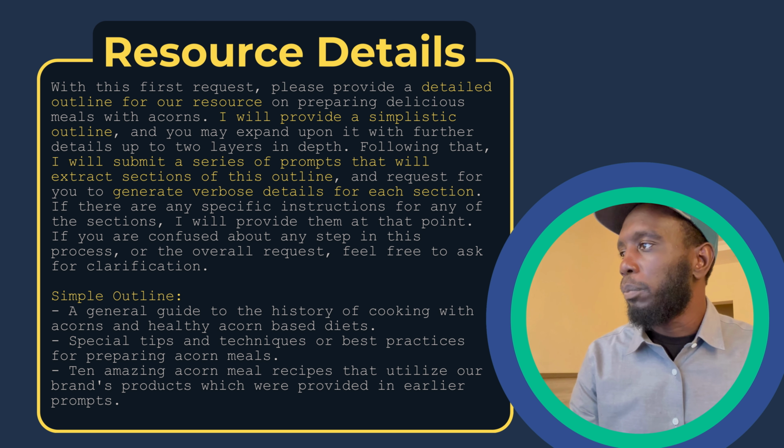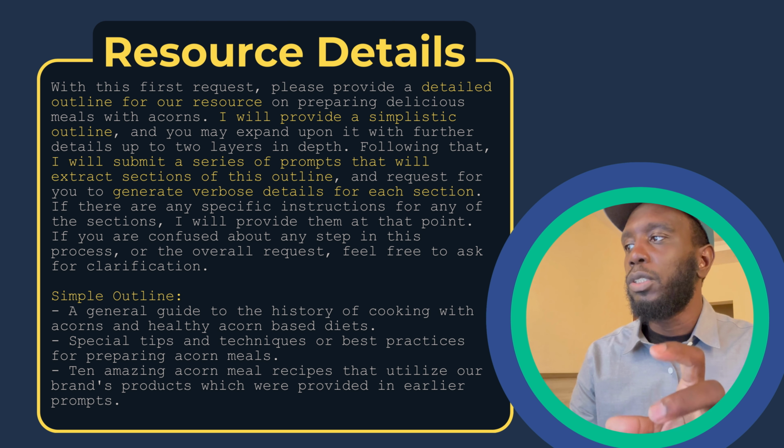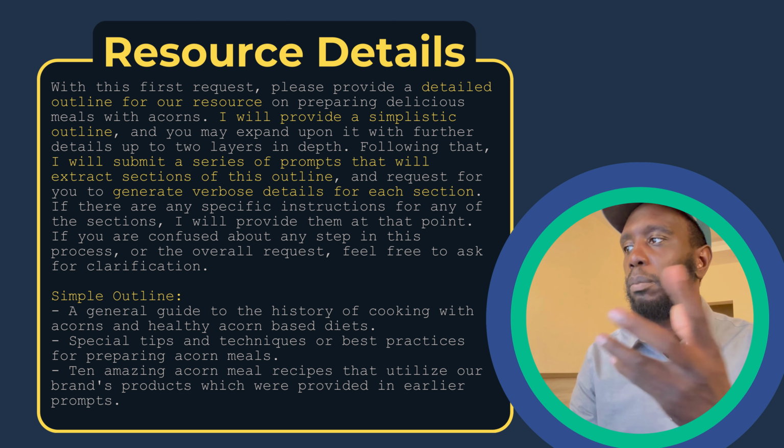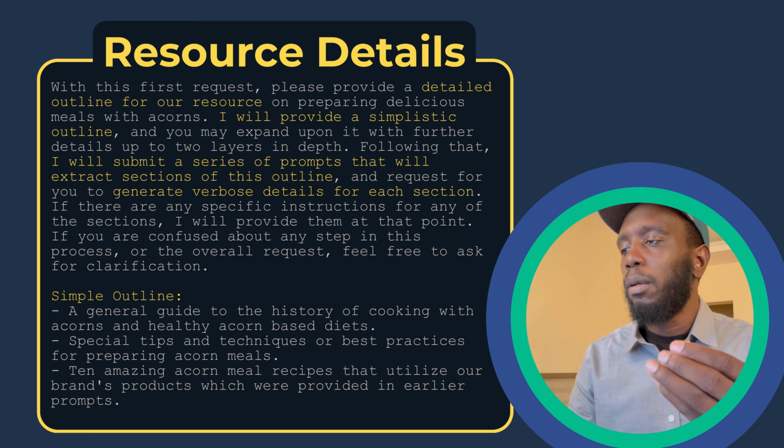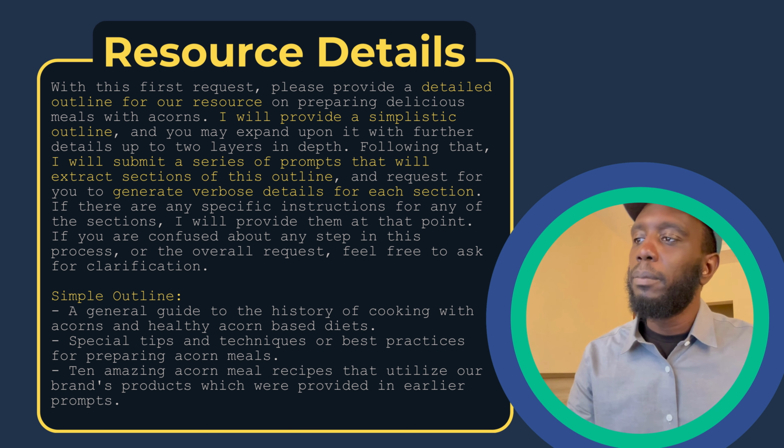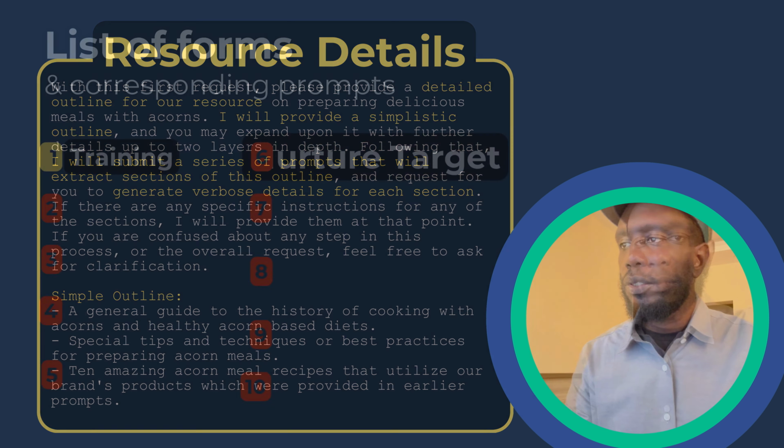It has 3 points: a general guide to the history of cooking with acorns, special tips and techniques or best practices for preparing acorn meals, and 10 amazing acorn meal recipes. This is a simple outline. We want ChatGPT to use it as a guide and expand upon it to give us a more detailed and complete outline, up to 2 layers of depth, and so on and so forth.